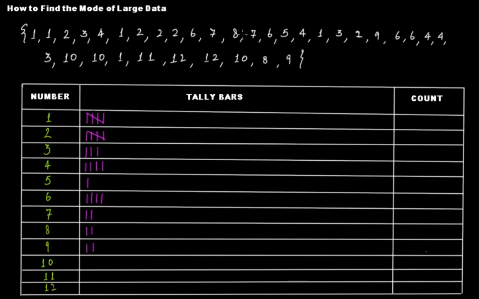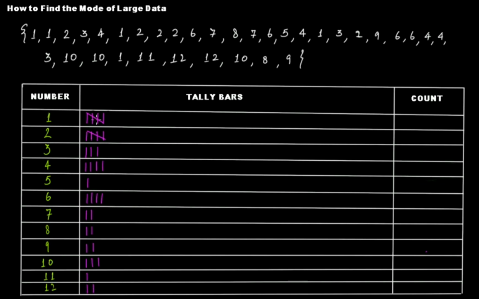What about 10? So we have 10 here. We have 10 here. We have 10 here, 3 times. But what about 11? So 11 is just 1 time. And what about 12? So 12 is 2 times. 1 time and 2 times.